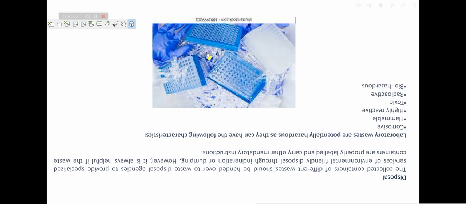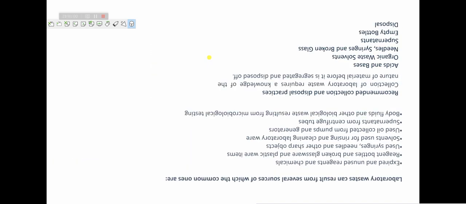Now, laboratory waste can result from several sources, of which the common ones are expired and unused reagents and chemicals. As we do experiments in the laboratory, we can see many chemicals in our laboratory.